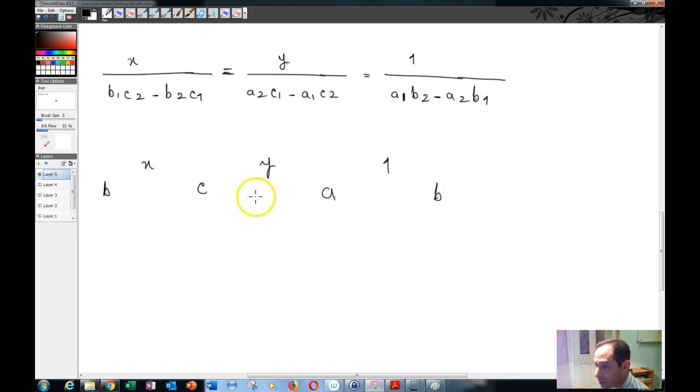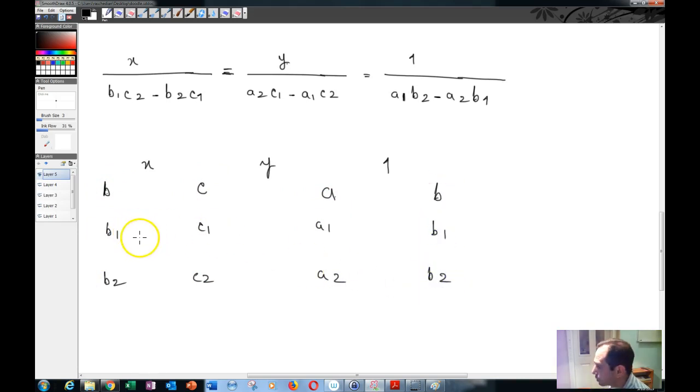So BCAB, right? Now I'll tell you what I mean by this. Here you write b1 and b2, here you write c1 and c2. So b1, b2, c1, c2, a1, a2, and b again, b1, b2.